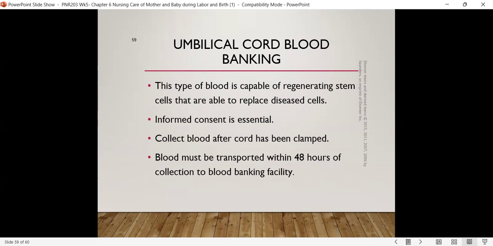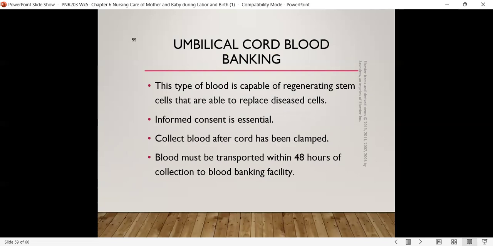So mom has to get all the information and make sure her provider will do that. Tell the nurse when she comes into the labor room that she wants to bank her cord blood, so that we have the kit and everything ready right there, so that we can draw the blood out of the cord. There's a really big procedure for all this, because you've got to keep those cells just perfect, and they do help.